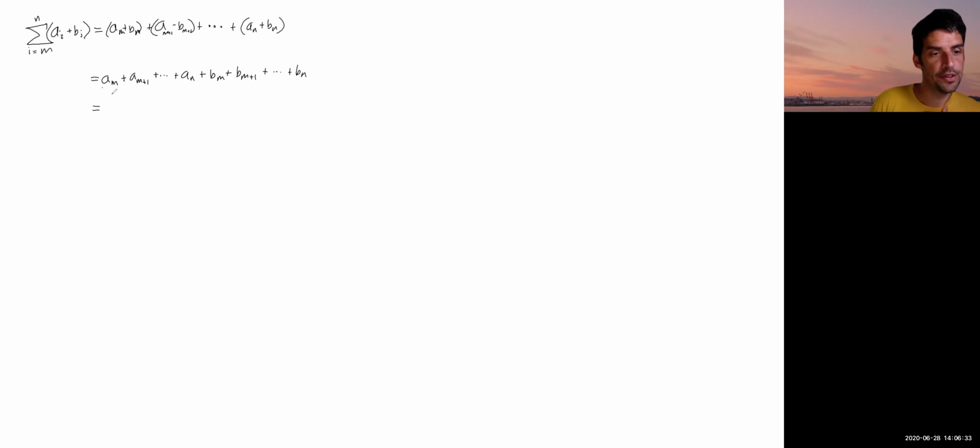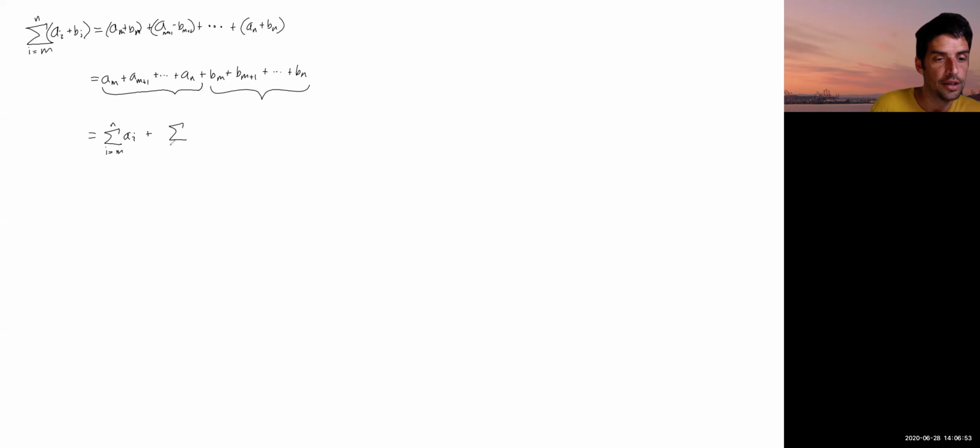But this here is just the definition of the sum from i equals m to n of a sub i. And this here is just the definition of the sum i equals m to n of b sub i.